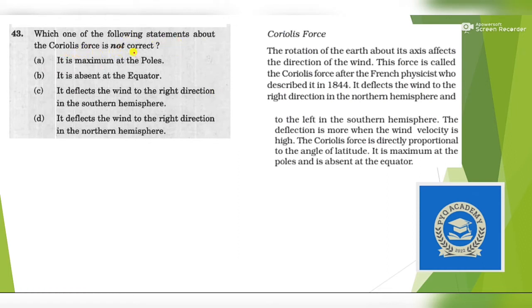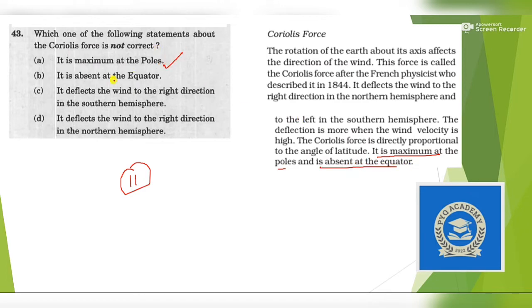Okay. So a whole paragraph is given in the 11th NCERT chapter, Fundamentals of Physical Geography. The first option is that it is maximum at the poles. So you can get the answer that yes, it is maximum at the poles and is absent at the equator.